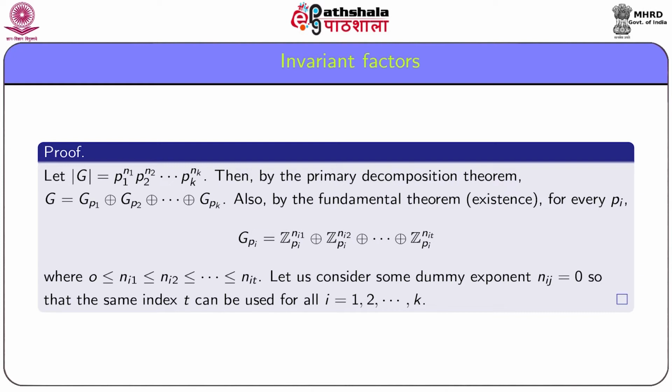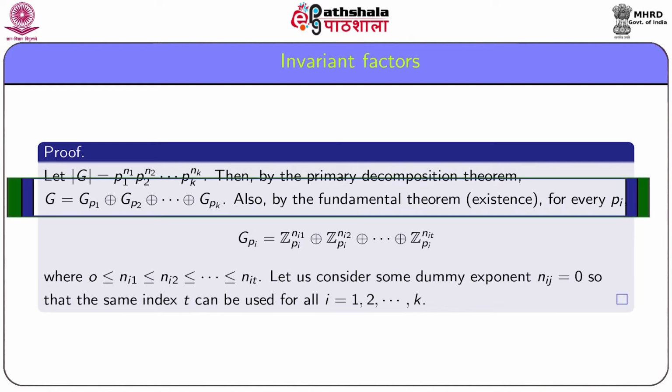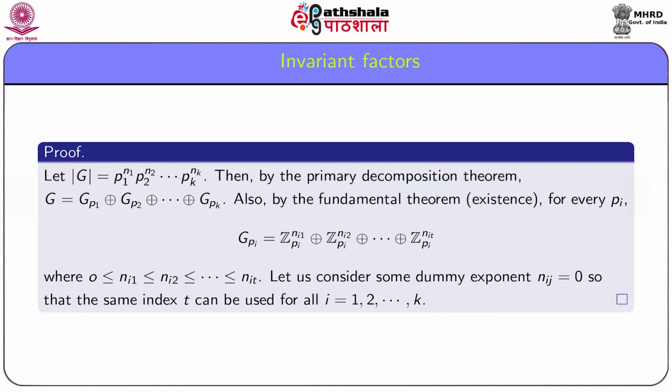Then by the primary decomposition theorem, G can be represented as a direct sum of p-primary components Gp1, Gp2, up to Gpk.